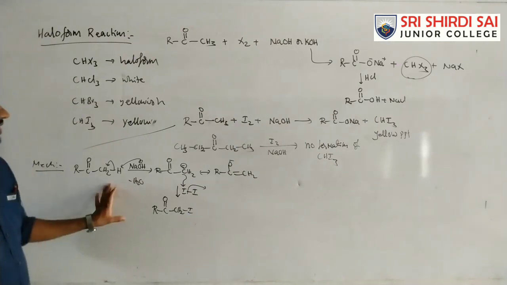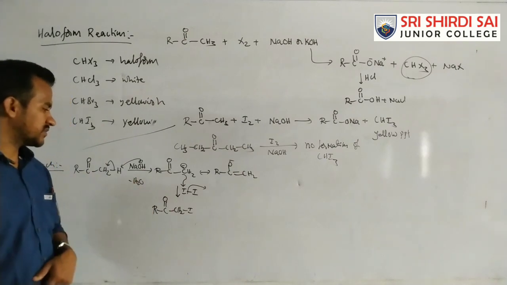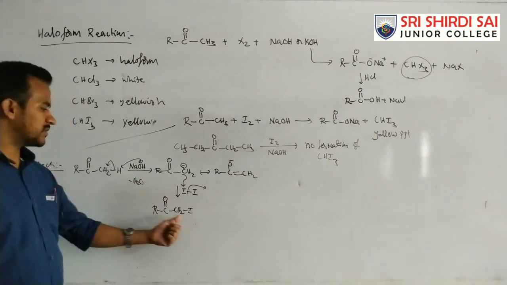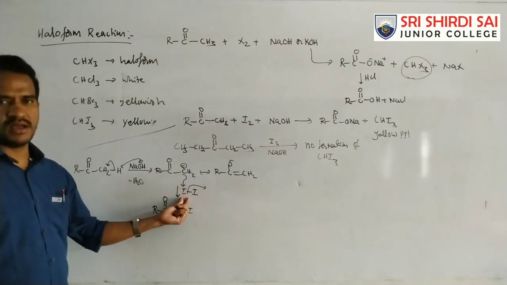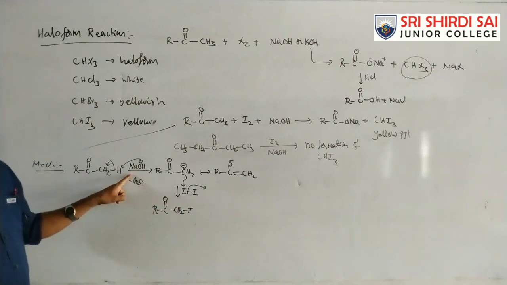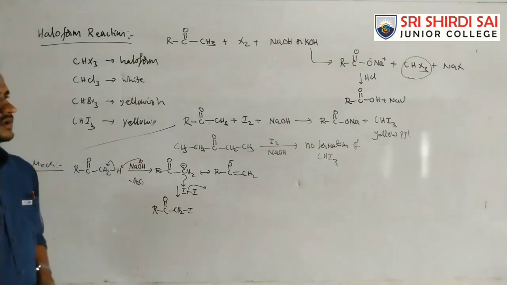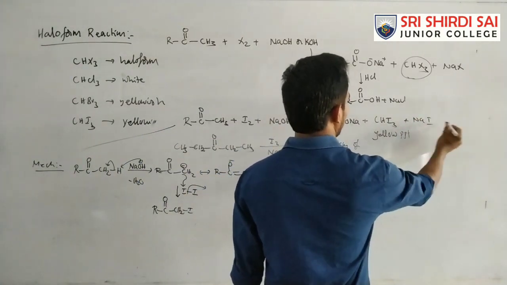So generally we can say this is an electrophilic substitution reaction, because H plus is replaced by I plus. The CH2 minus attacks the I plus with leaving of I minus. This I minus combines with Na plus, so sodium iodide is one of the side products.